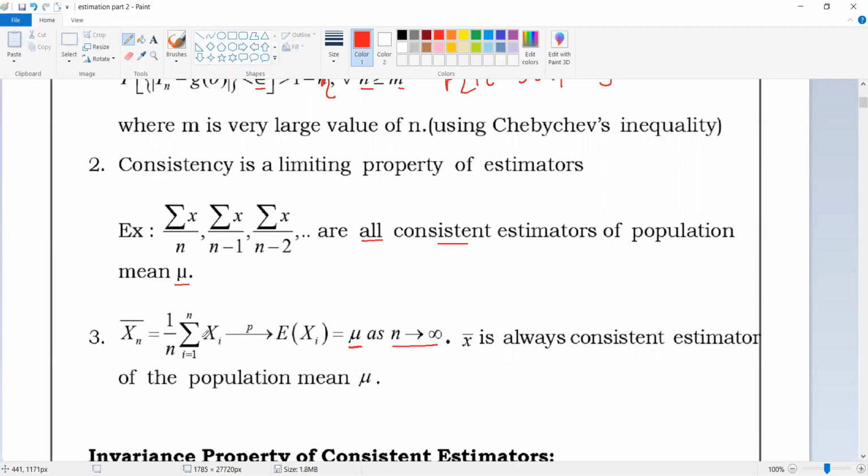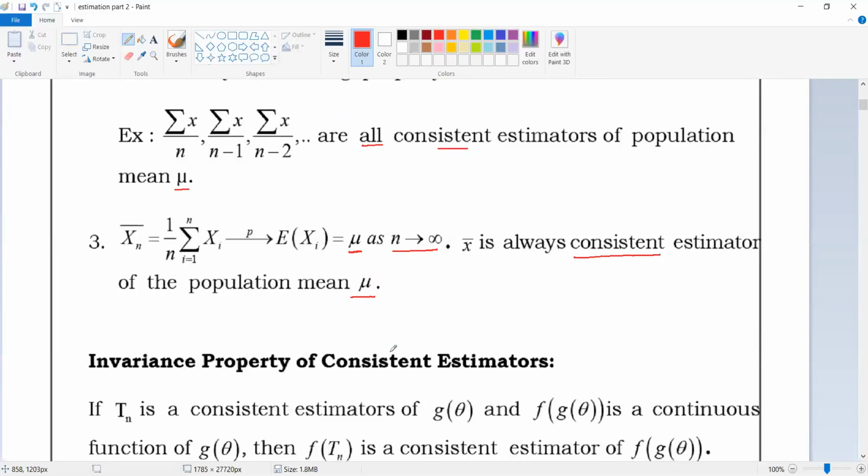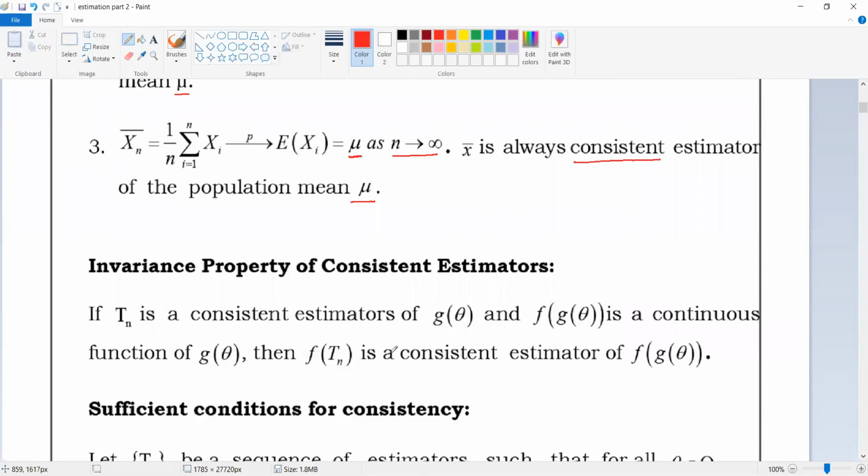So this tends to mu in probability. So x bar is always a consistent estimator of the population mean mu, when the population follows a normal distribution with mean mu and variance sigma square.